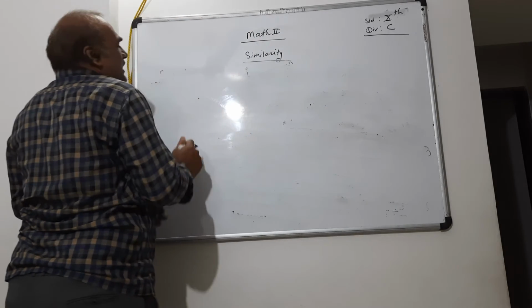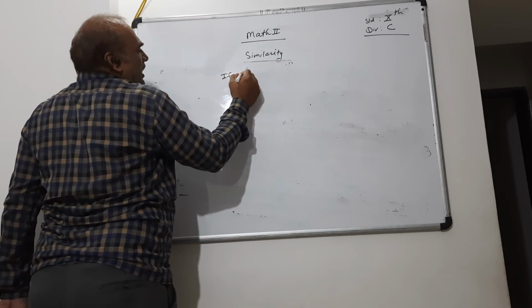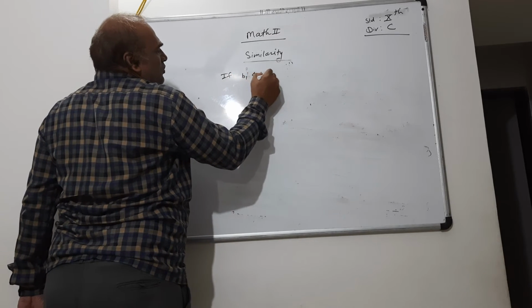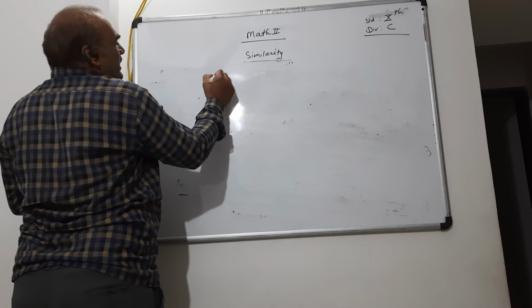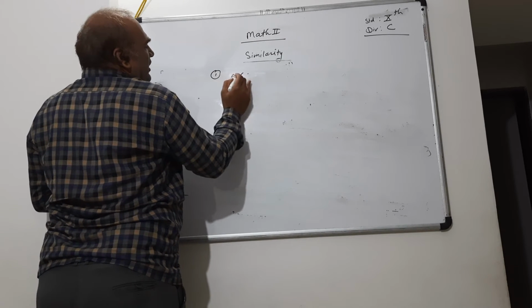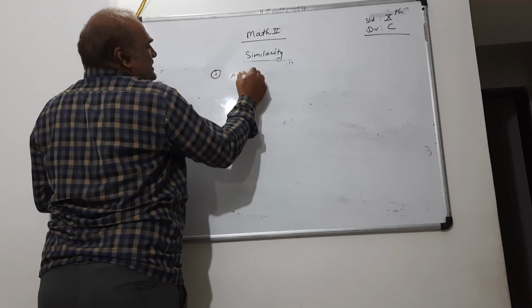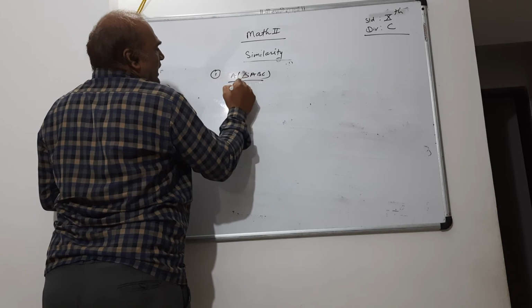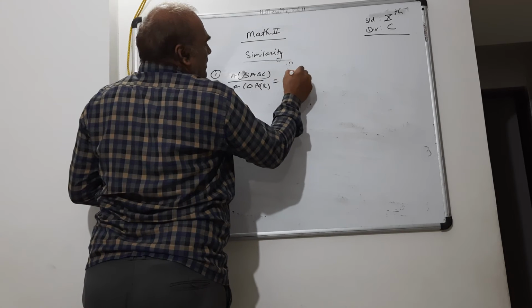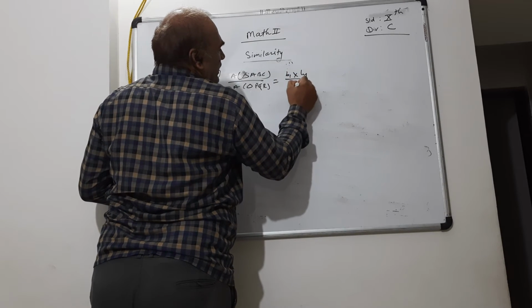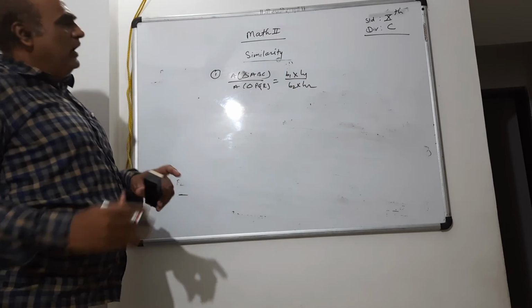First property: area of triangle ABC upon area of triangle PQR is equal to B1 into H1 upon B2 into H2.